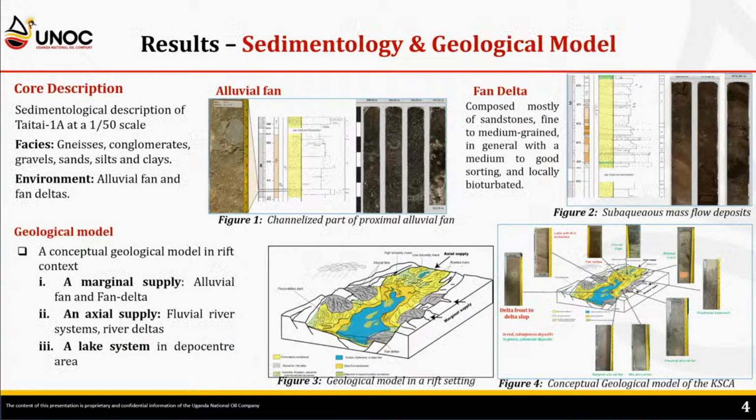Okay. Under sedimentological analysis, we used Taitai 1A, which was the cored well, and the cores were studied at a scale of 1 to 50 centimeters. The common facies in this area were found to be the gneisses, the conglomerates, gravels, sand, silts, and clays. The environments of deposition were the alluvial fan and the fan deltas.